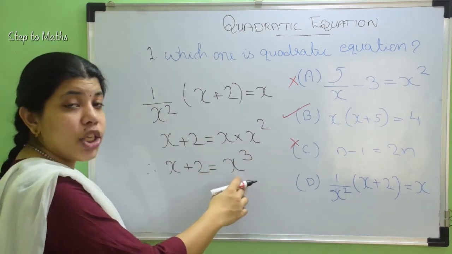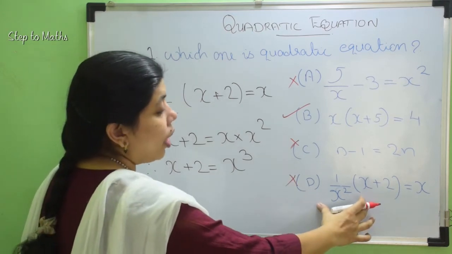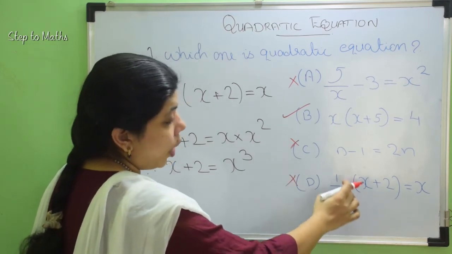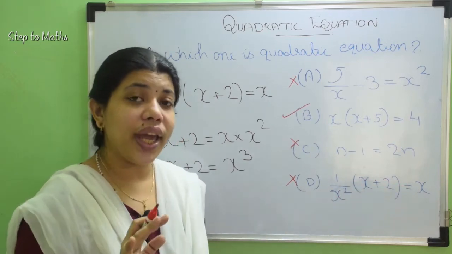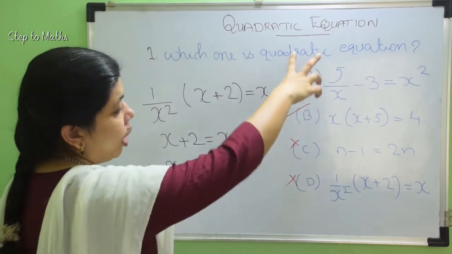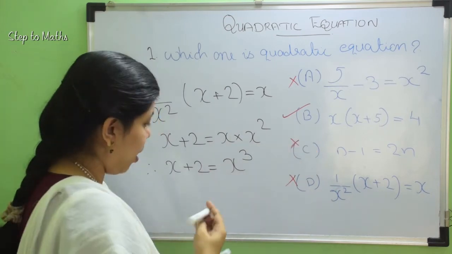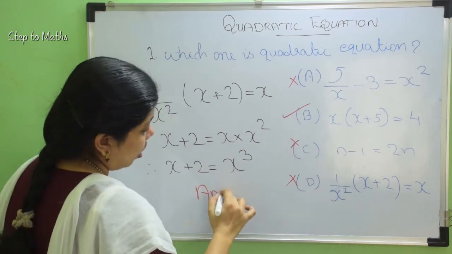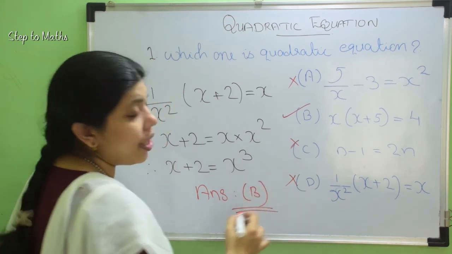Here the highest power of the variable x is 3. That means the equation 1 upon x square into x plus 2 is equal to x is also not a quadratic equation. So, from the given 4 options, option B is a quadratic equation.